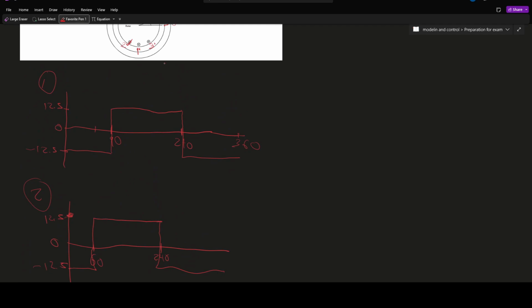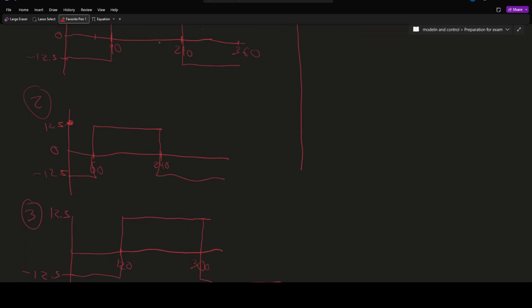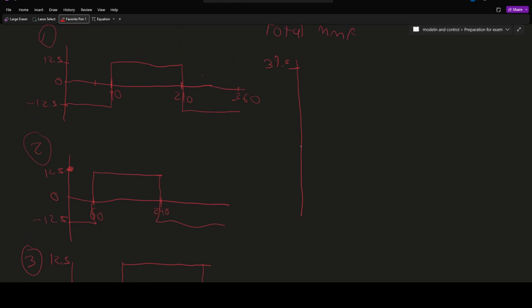So now to calculate the total MMF, we just need to add these three graphs. Here we are going to have a maximum of 37.5, because when we add the three, there are going to be spaces where we are adding all three, so we know that this is going to be the maximum we get.